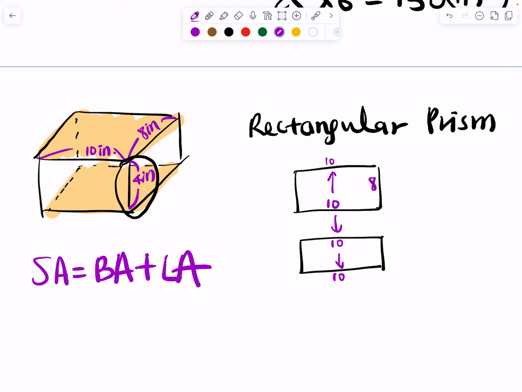This is how you label your net. The more you label, the easier it becomes for you. Because opposite side is 8, you see what I'm saying? And you know from our 3D drawing, the height of the prism is 4. Matching game again, that better be 4, right?